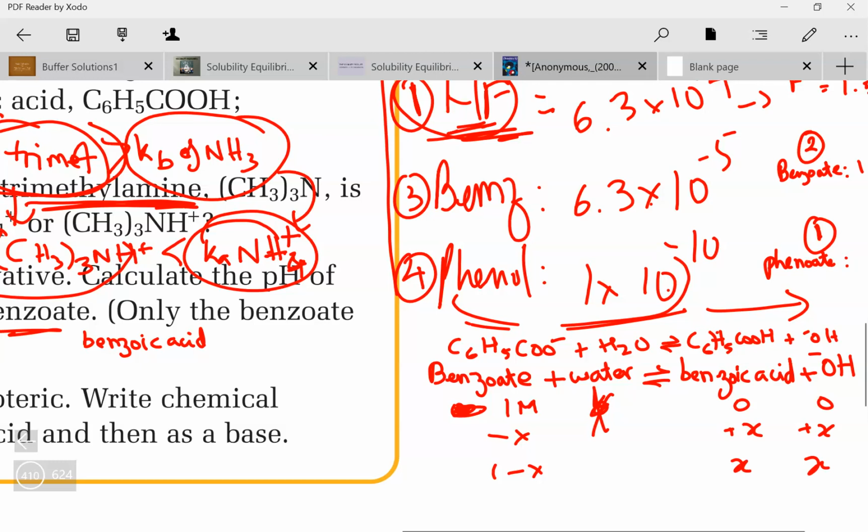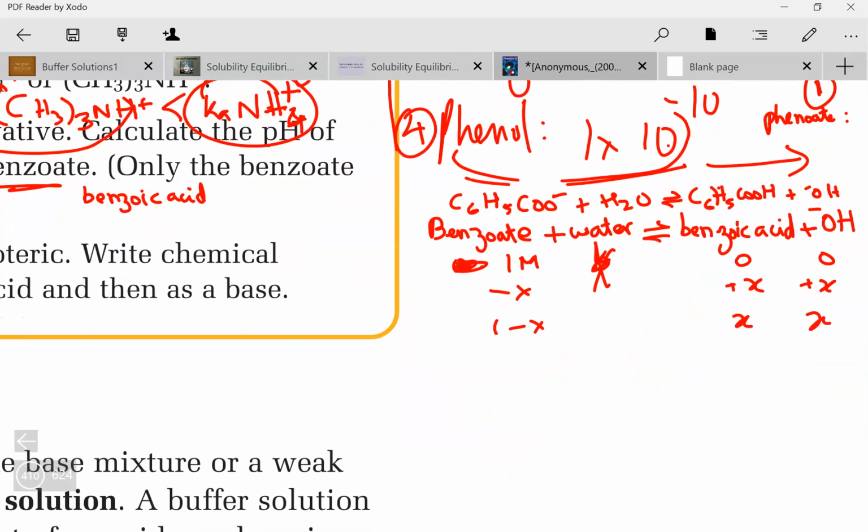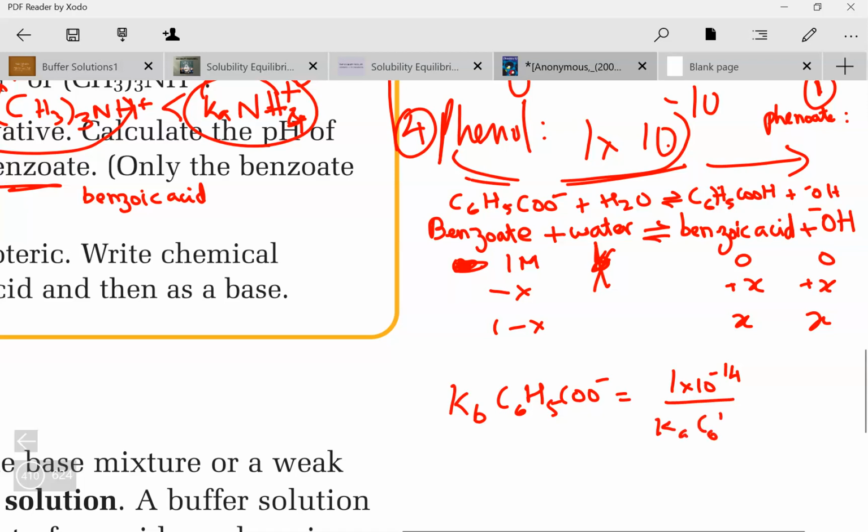And this is a very similar calculation to calculating the pH of a weak acid that we did, just with Ka and Kb. The only difference here is that we cannot just get the Kb of benzoate from a table. We have to do 1 times 10 to the power negative 14 divided by Ka of benzoic acid, which can be gotten from a table.